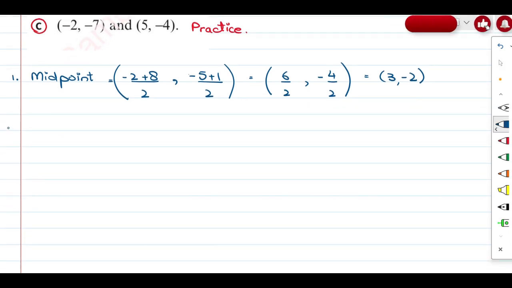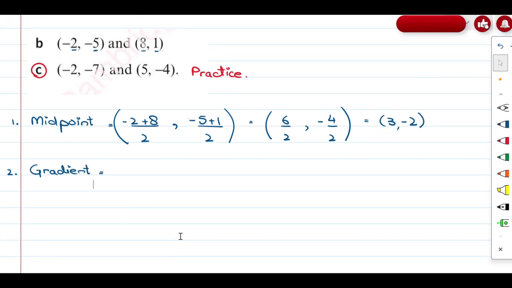Now the next step is to figure out its gradient. Gradient is y2 minus y1 over x2 minus x1, right? This is my x1, this is y1, this is x2, and this coordinate is y2.